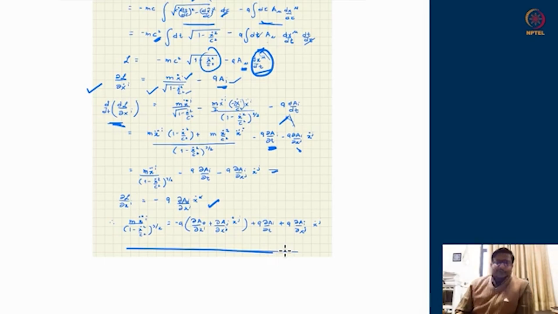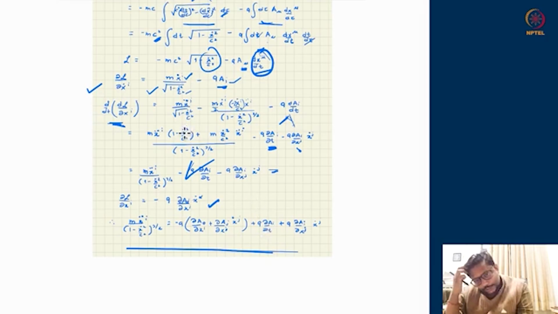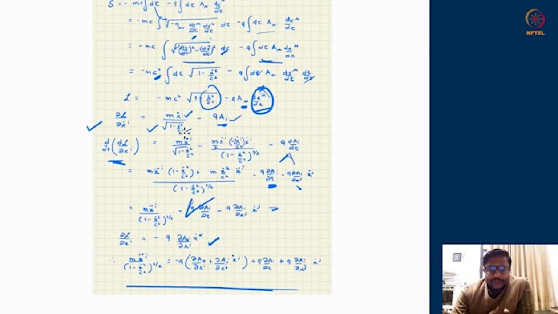Okay, where I have brought in the two terms of the left-hand side. The last two terms of the left-hand side are also thrown into the right-hand side. So now you see the terms appearing on the right-hand side have a peculiar structure.